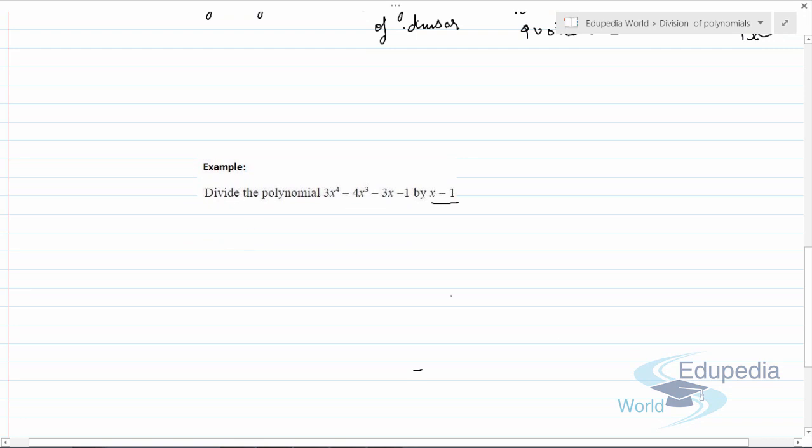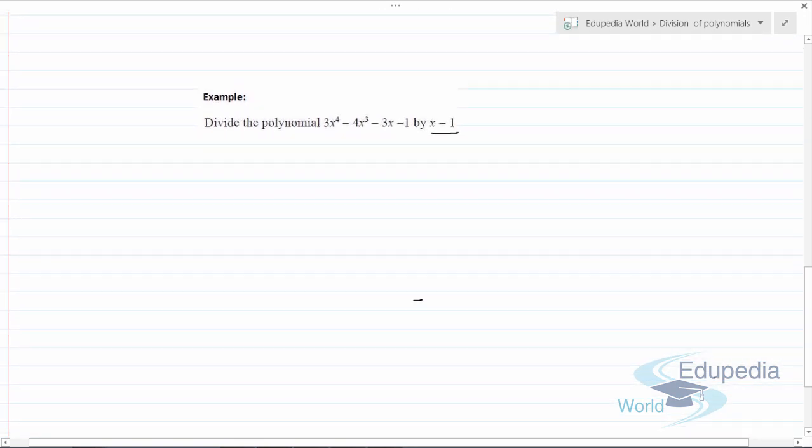Now we have to divide this polynomial by this polynomial. Now we'll start like this. Let p of x equal 3x raised to power 4 minus 4x cube minus 3x minus 1.